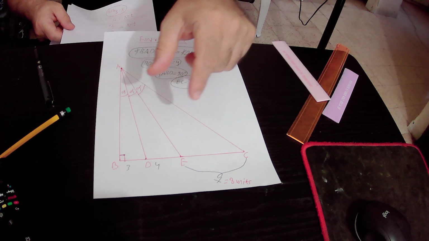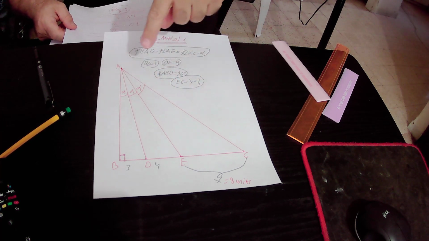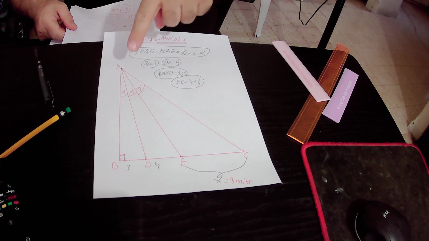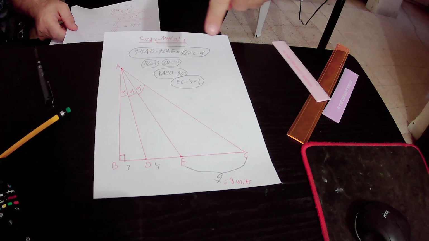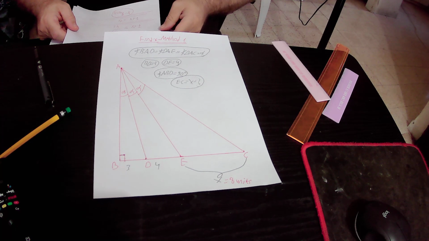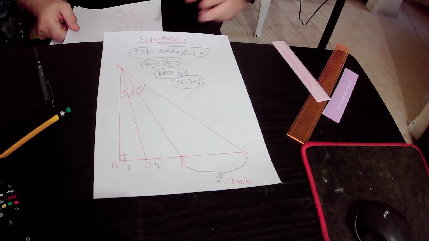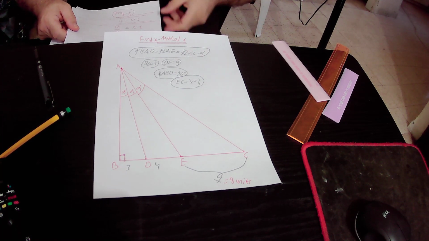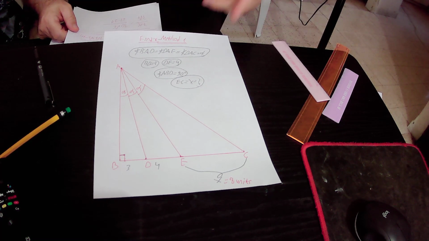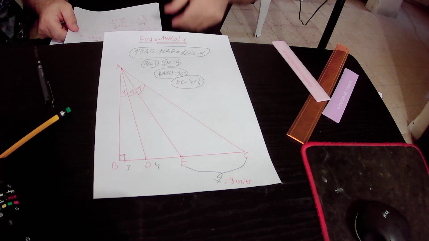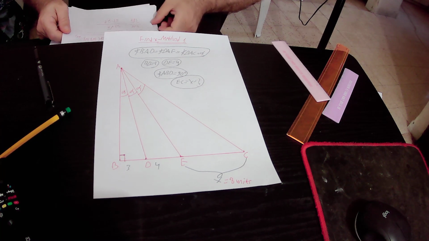BD equals to 3 units, DE equals to 4 units, angle BAD equals to alpha, angle DAE equals to alpha, and angle EAC also equals to alpha, and we want to find out the value of EC. The value of EC is defined as x.